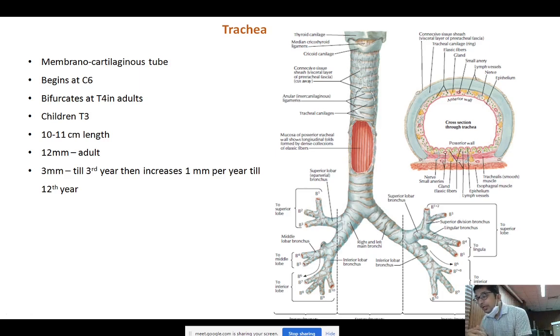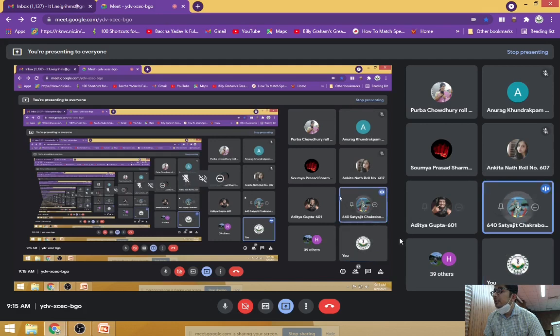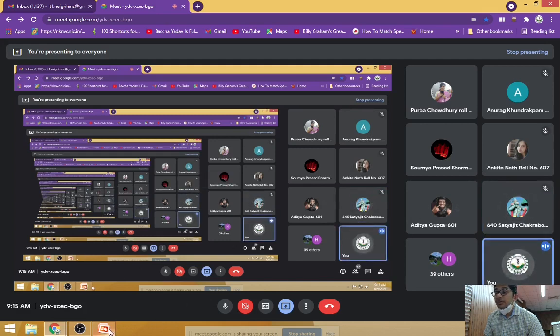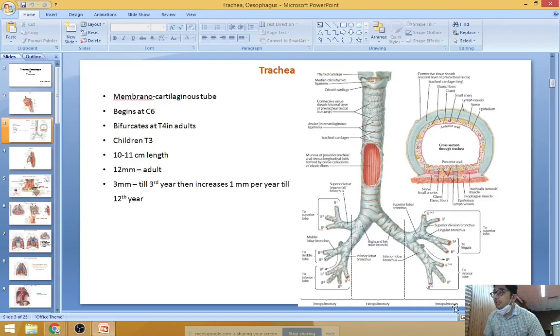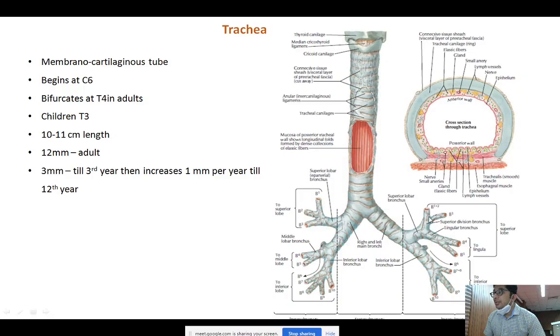What is the idea behind the bronchopulmonary segments? Anyone? Can you hear me? Yes, sir. So these are the segments which are aerated by individual tertiary bronchi, which ultimately go and aerate the individual segments of the lungs.